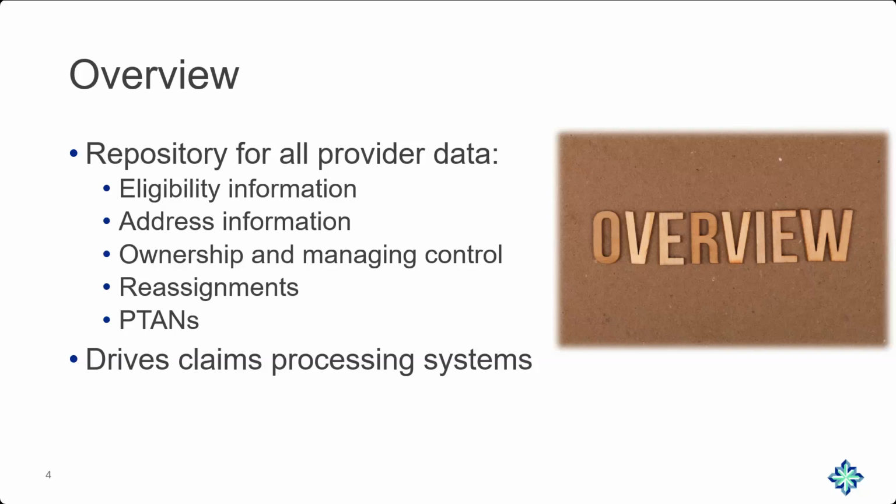And as I said earlier, it drives the claims processing system. A provider does not exist in our claims adjudication systems without first coming through PECOS. And they can get there through a paper application, but it is much more efficient if it comes into us electronically through PECOS. It's a little bit of a direct link to that.